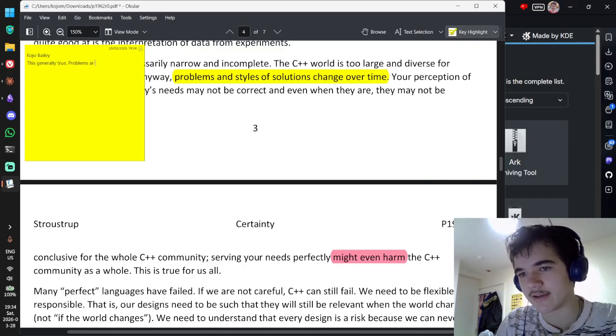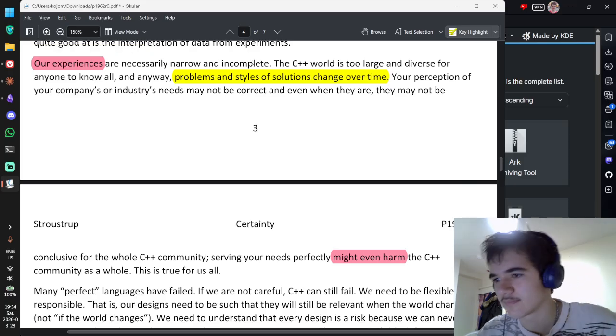Problems are dynamic, and we cannot expect one single solution to stand the test of time and work for every future problem or situation.